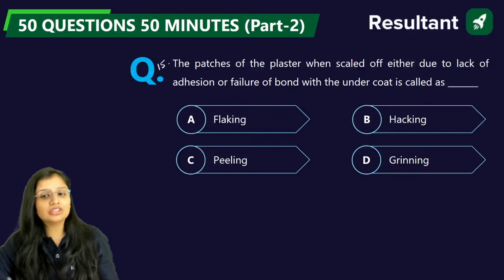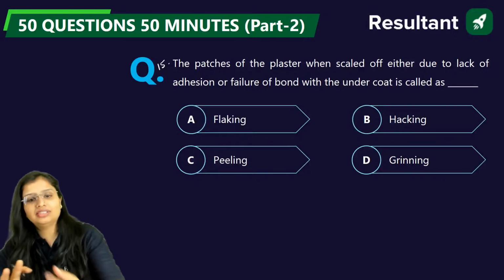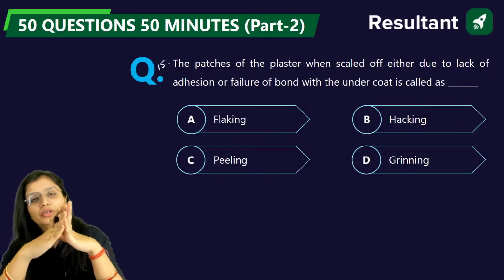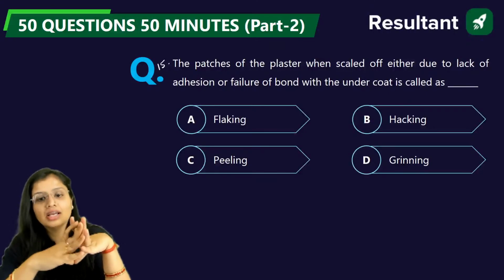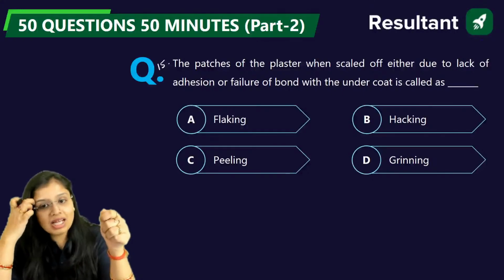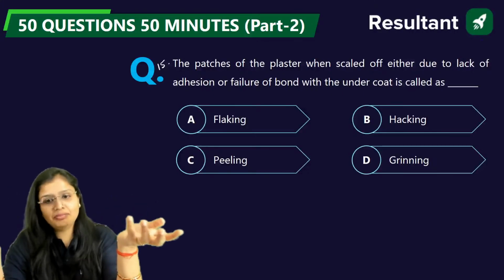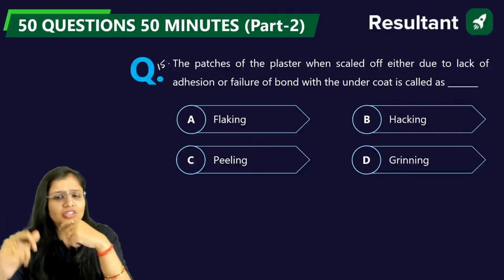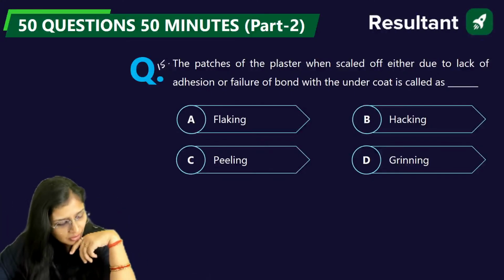Question number 15. The patches of the water. If proper adhesion is not taking place, the force of attraction between two different types of particles is not taking place, or failure is taking place. So when you scale off the patches of plaster, it may be due to any reason. Proper bonding was not there, or failure of bond happened. What do you call it?